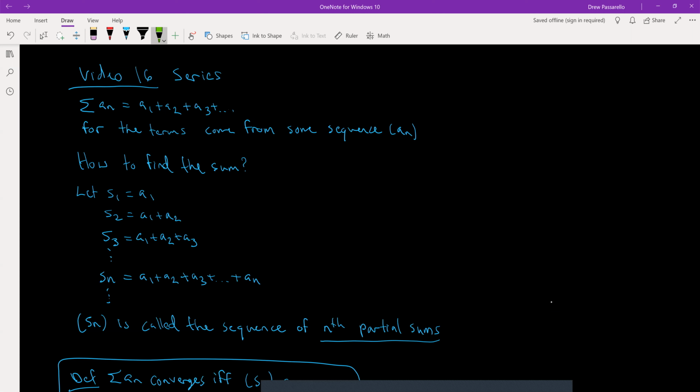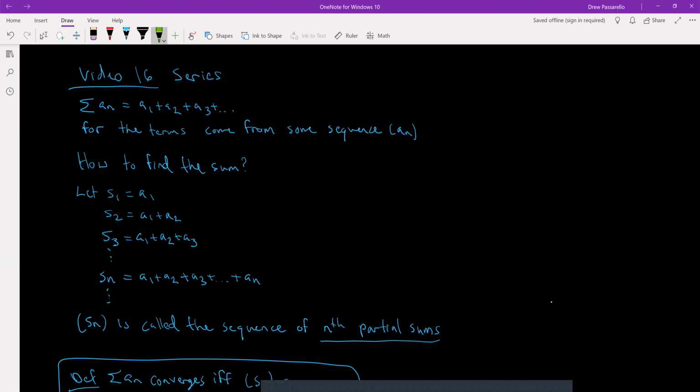And then S3 is the sum of the first three terms, so a1 plus a2 plus a3, and you continue this process, and so Sn is the sum of the first n terms of the sequence an. So you can form a sequence out of this, and that sequence is called the nth partial sums.